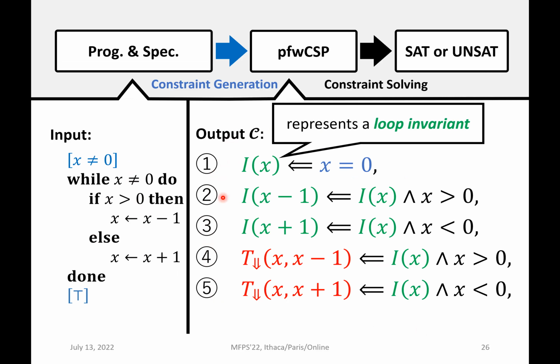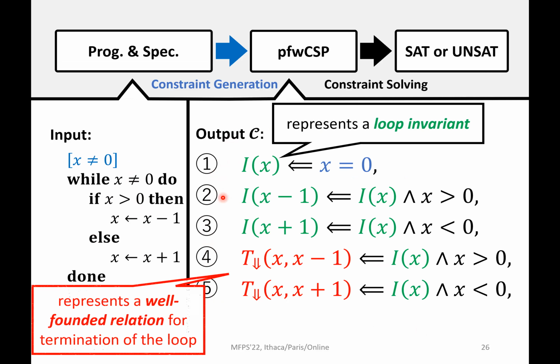Here, I represent a loop invariant, and T down arrow. This is a well-founded predicate that represents a well-founded relation for termination of the loop. Please note that there are 2 branches in the body.